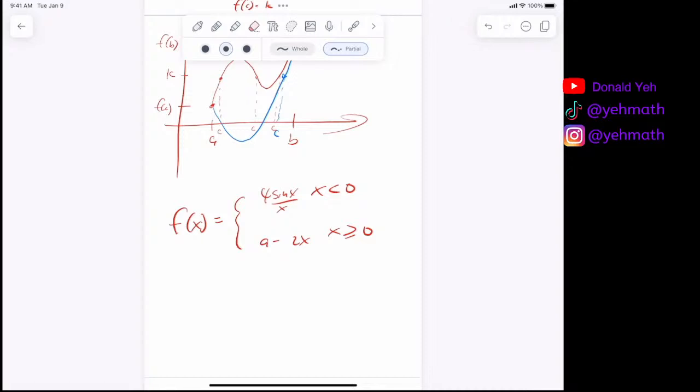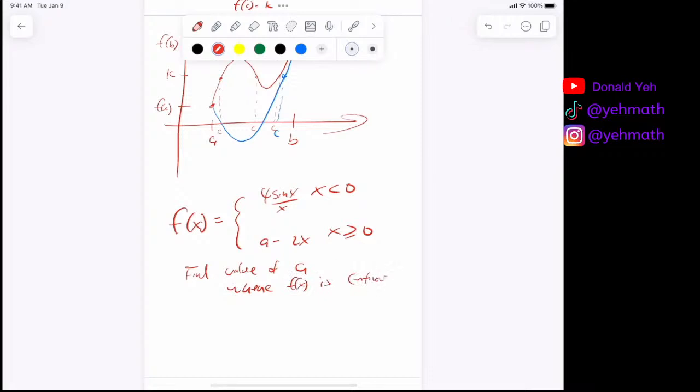Obviously on the left hand side the function is going to be 4 sine of x over x. On the right hand side it's going to be a minus 2x. So you want to find the value of a where f of x is continuous on the entire line.